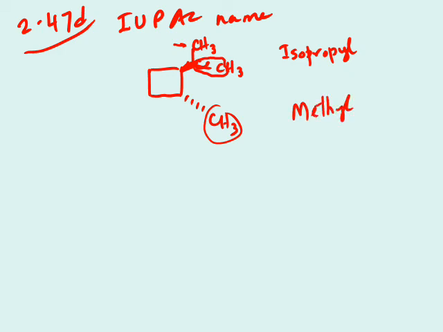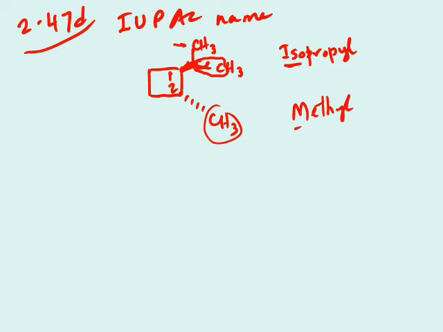Now the question is, which carbon are you going to assign 1 and which 2? Now I mentioned alphabetic priority. Iso, I comes before M. So that has to get 1. And obviously the other one gets 2. Now here I want to mention to you that iso is considered to be part of the name. On the other hand, sec and tertiary, tert, are not considered to be part of the name. Those are considered to be prefixes.